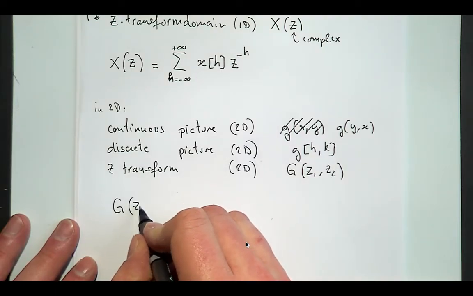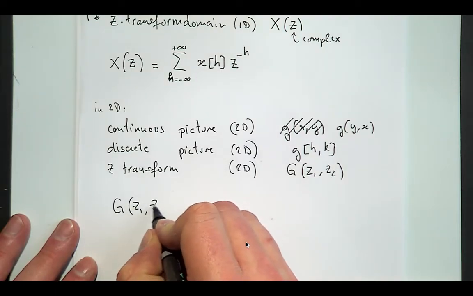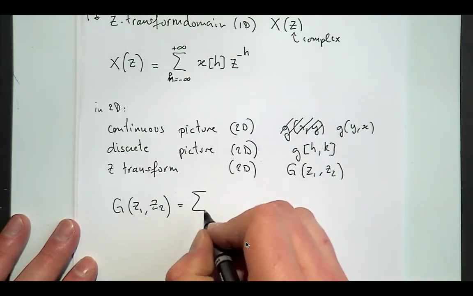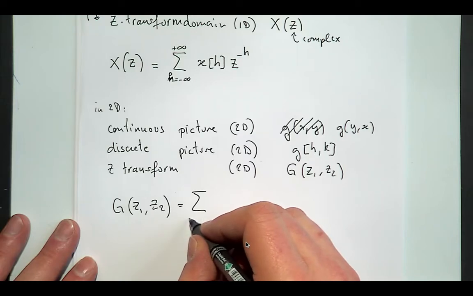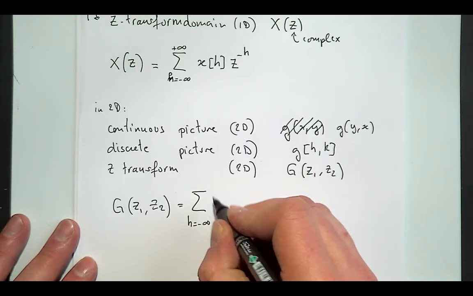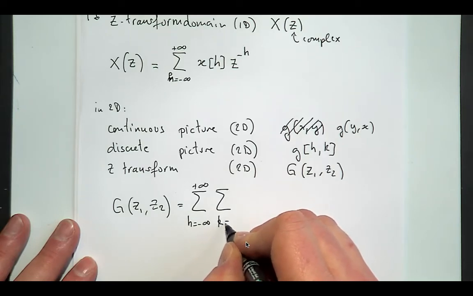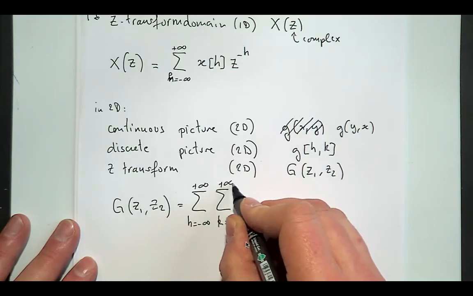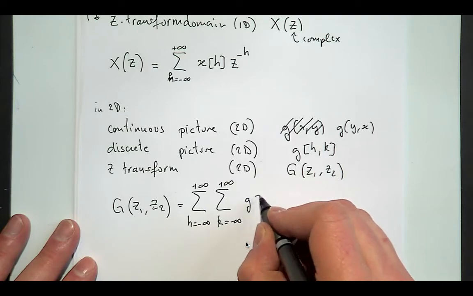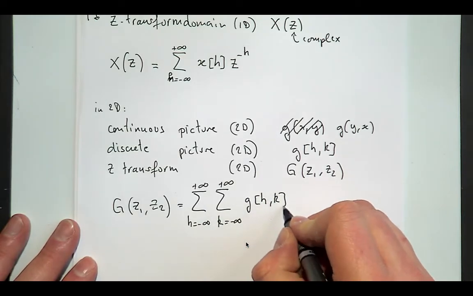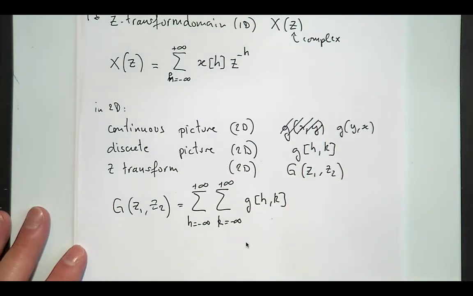So you have the z transform of your two coordinates. It's a summation from h from minus infinity to plus infinity. And now you have a double summation because you have two coordinates of your pixel intensity and that particular coordinate.